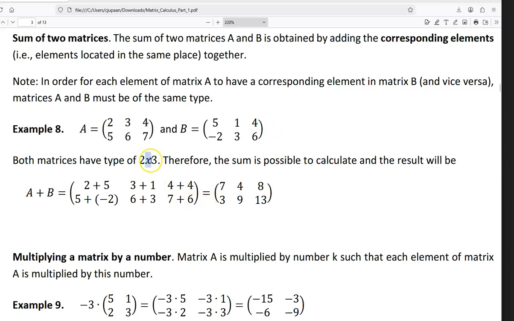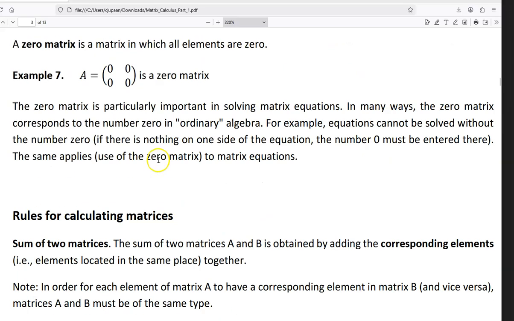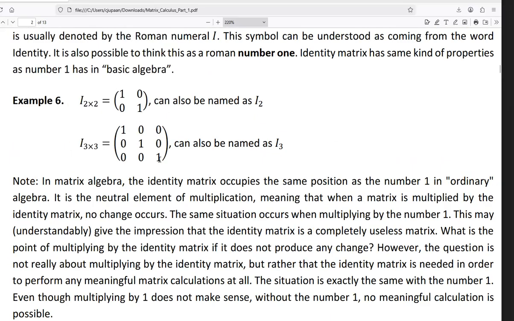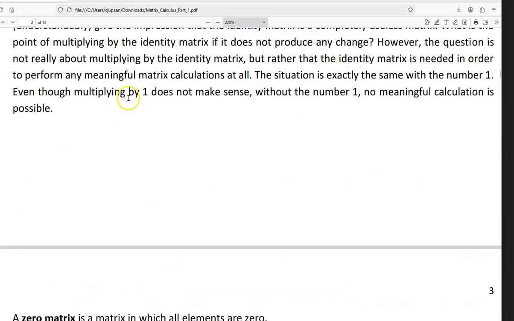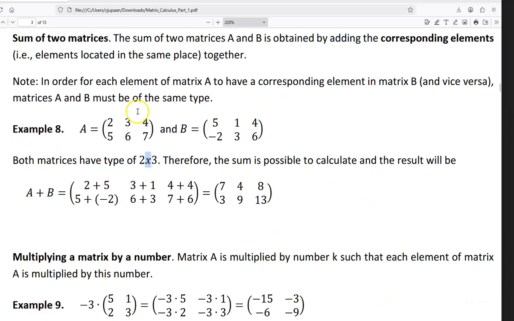Actually there is an X here, I have chosen a wrong letter. It should be the multiplication mark, but maybe not a big mistake. So these both matrices have to be the same type.